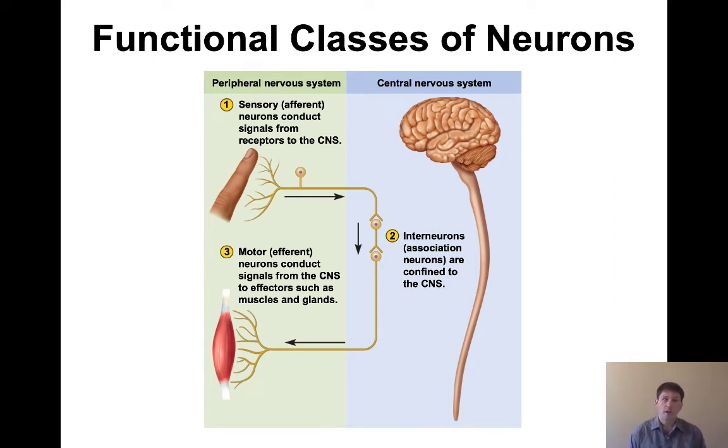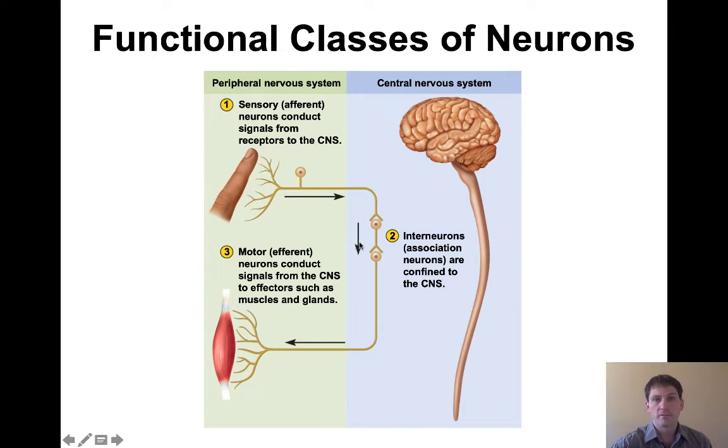When we talked about homeostasis originally in this class, in Unit 1, we introduced the ideas of an afferent and an efferent pathway. As you can see in this diagram, we've got our peripheral nervous system. We have our sensory neurons, or our afferent neurons, that take signals from whatever parts of our body and transmit them back into our central nervous system.